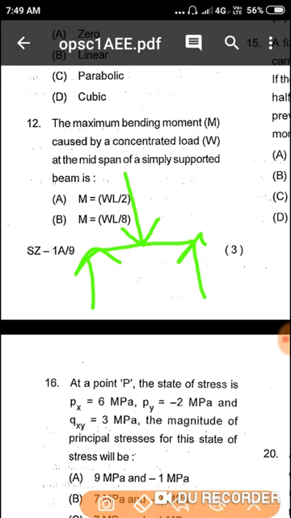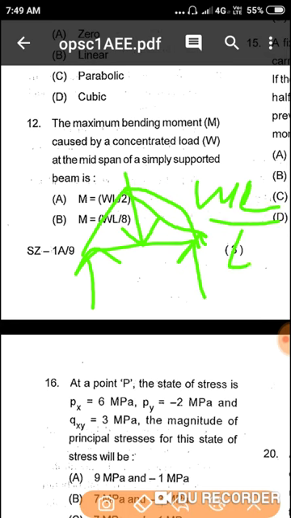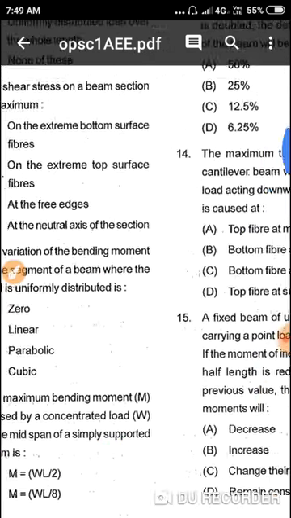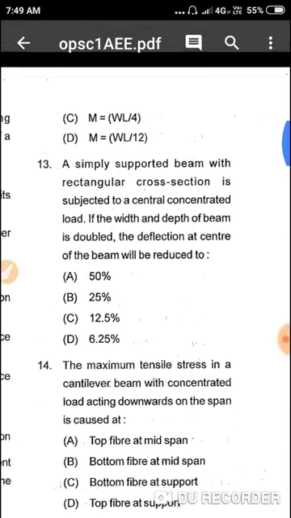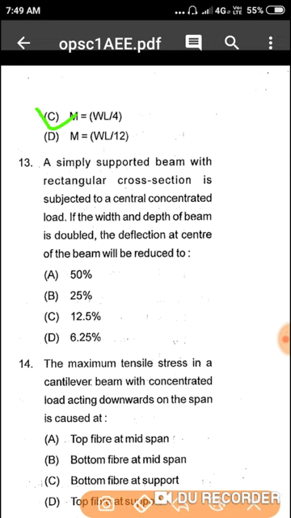Point load is also called a concentrated load. So the maximum bending moment will be WL by 4, load W, span L. So the correct answer will be option C, WL by 4.